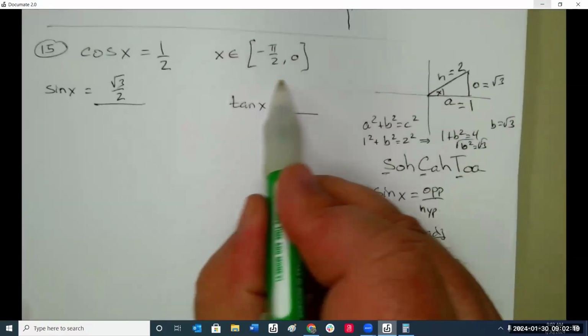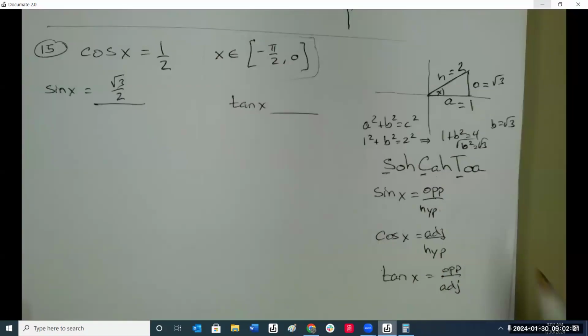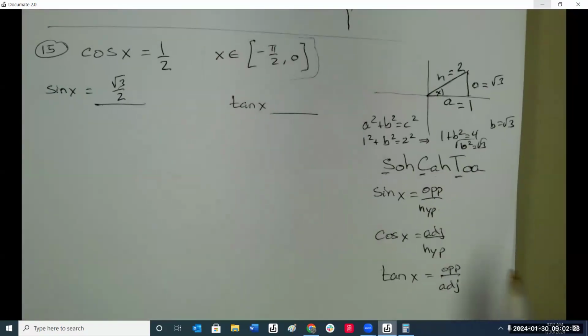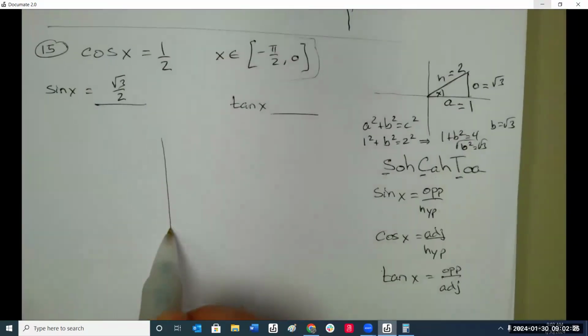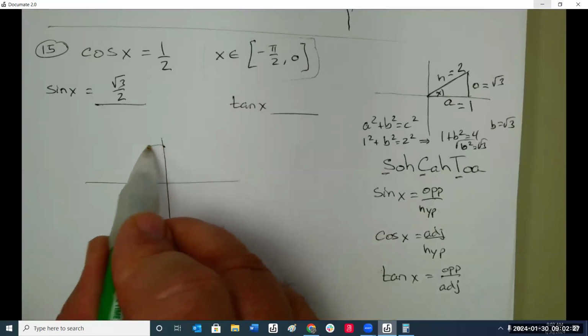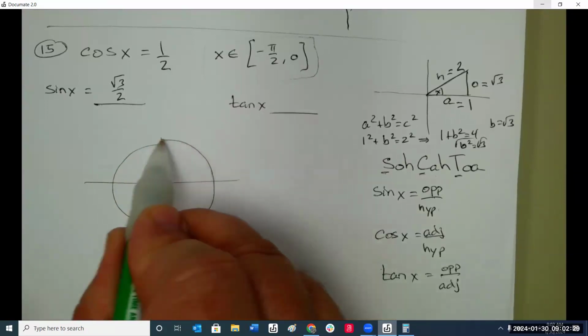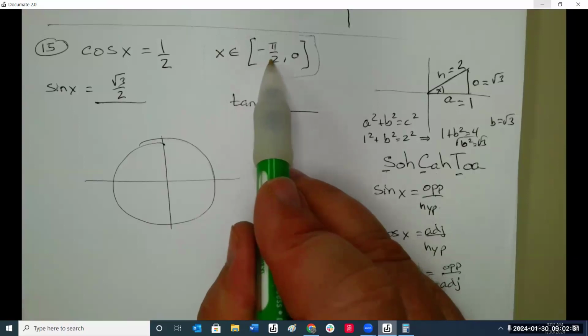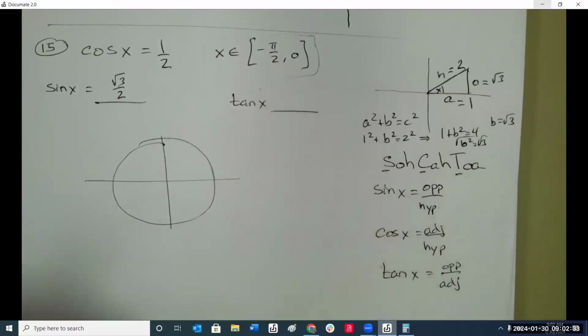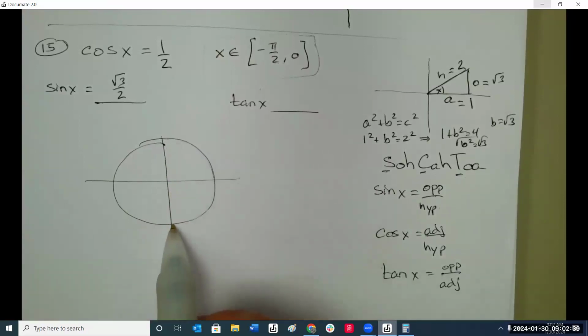Does this come into play anywhere? In our unit circle, which one deals with negative pi over 2 to 0? The negative pi over 2 is down here. So we're looking at down here.